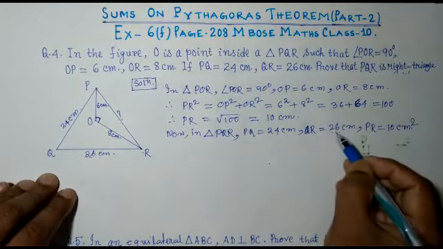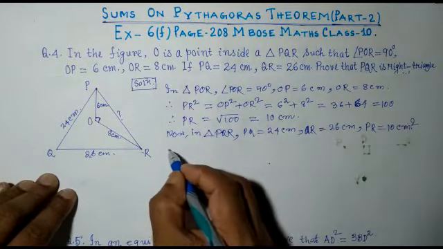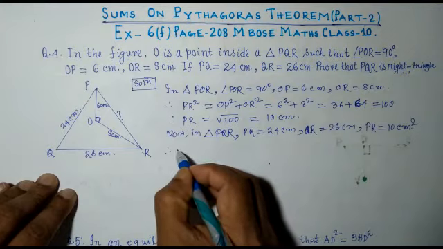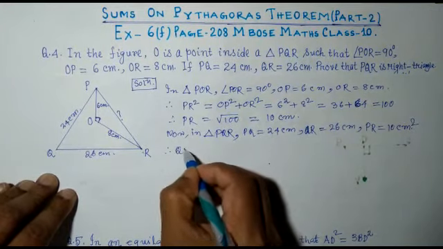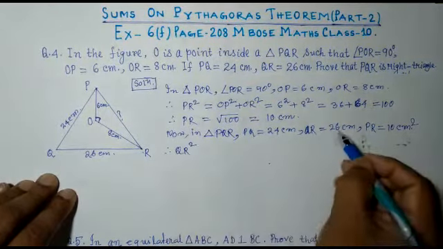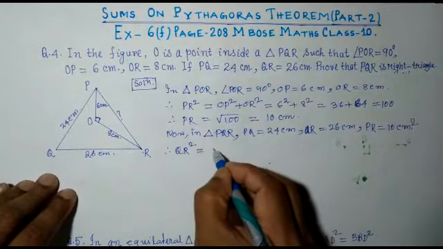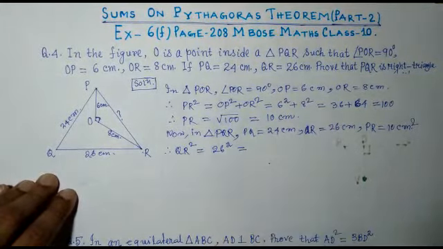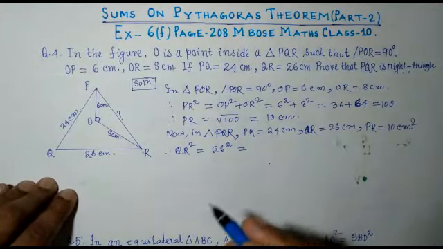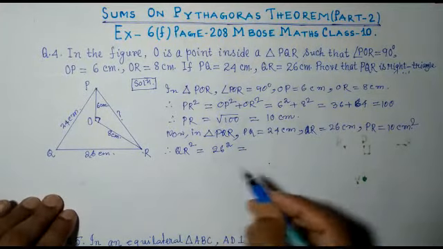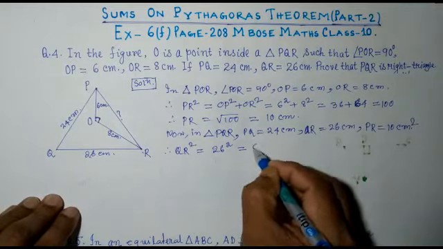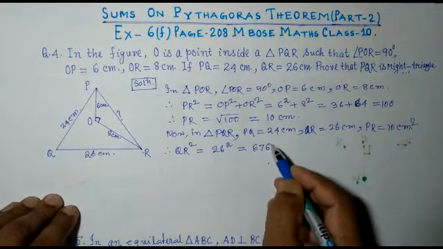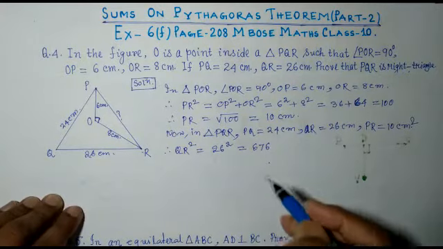So we have now the length of three sides of the triangle, and look at the biggest side, it is 26. So we will find the square of the biggest side, QR square. Square of the longest side, 26 square. 26 into 26 is 676. And then we will find the sum of the squares of the other two sides.